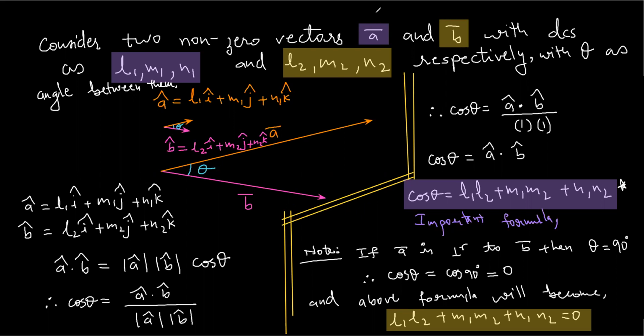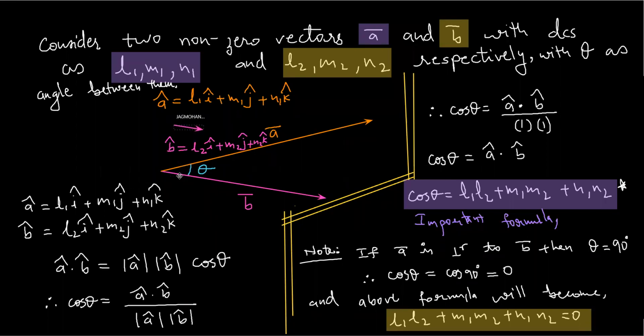Now here I would like to ask you a question. Let me once again take these two vectors, A bar and B bar, and the unit vectors B cap and A cap.